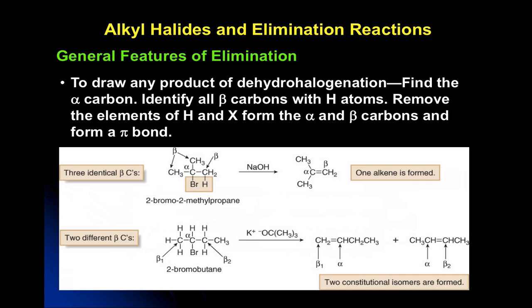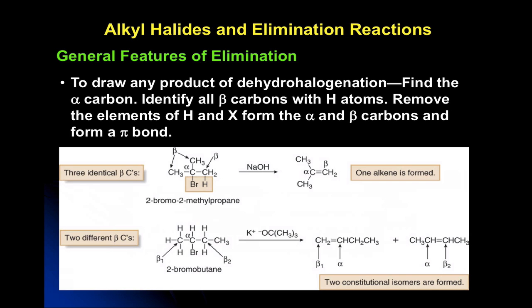This beta 2 carbon, however, is secondary because it is bound to 2 other carbons, right? So if we think about removing one of the hydrogens, we've got one here that's trans to the bromine. We can get an alkene here between beta 1 and the alpha carbon. If we imagine eliminating this hydrogen, which is also trans to the halogen, we would end up getting this alkene.